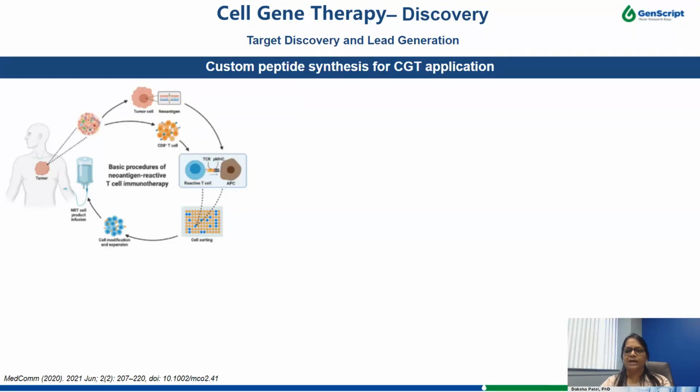This can be done by analyzing the patient's tumor DNA and RNA, and then using computer algorithms to predict which neoantigens are most likely to be recognized by T cells.